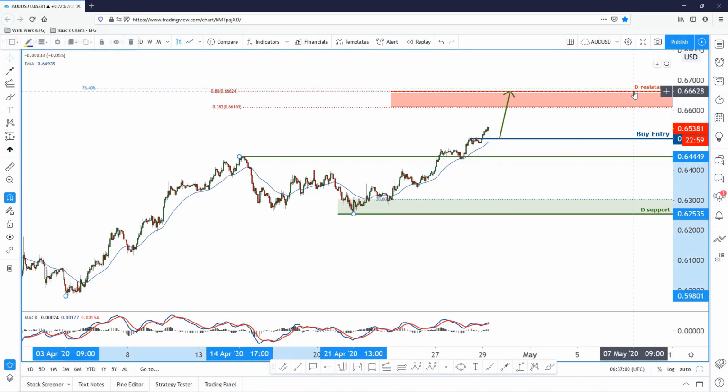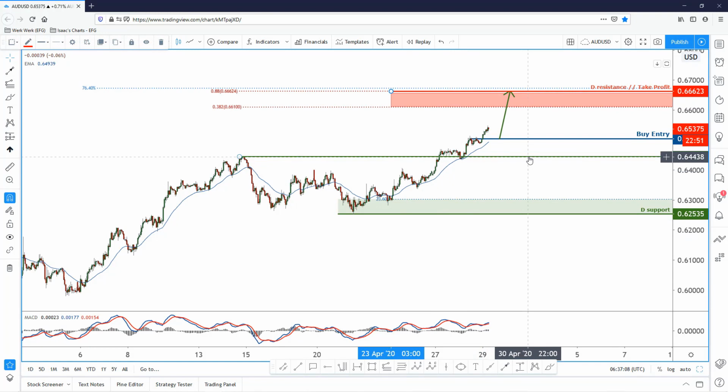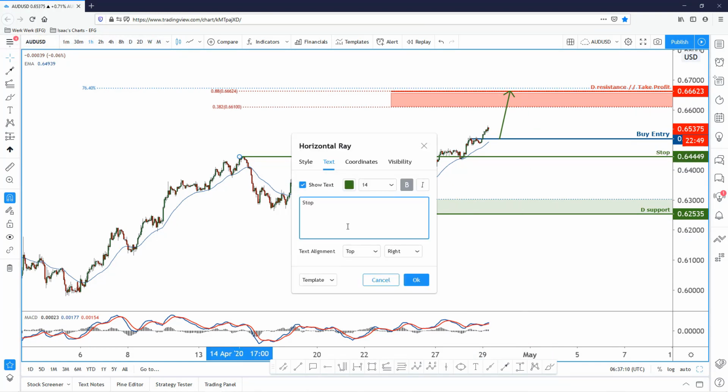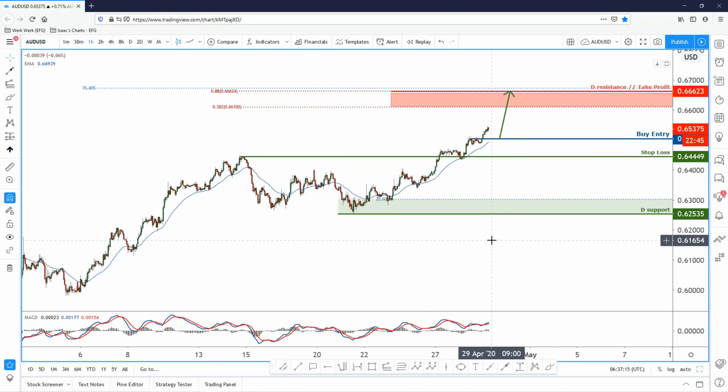Okay, so this daily resistance can also function as our take profit. All right, and the stop loss will actually be this level. Okay, so the stop loss will be at 0.6445. Should price come back below the stop loss, it will mean that price has broken below the moving average and the MACD most likely will be below zero. And we can say that our very short-term bullish idea is invalidated.